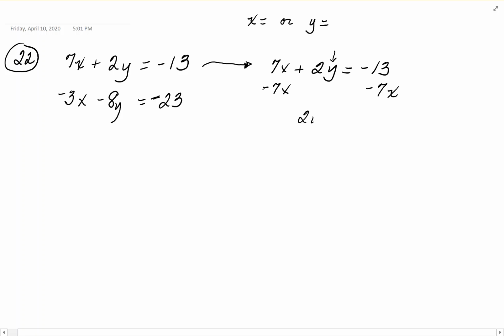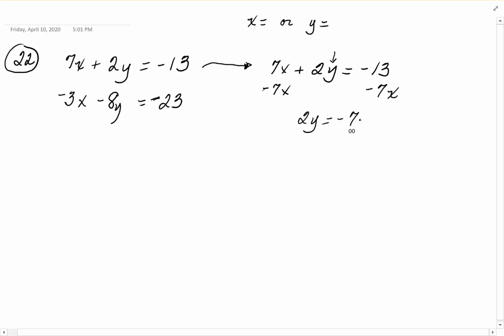That leaves me with 2y is equal to negative 7x minus 13. Divide everything by 2. Y is equal to negative 7 over 2x minus 13 over 2.